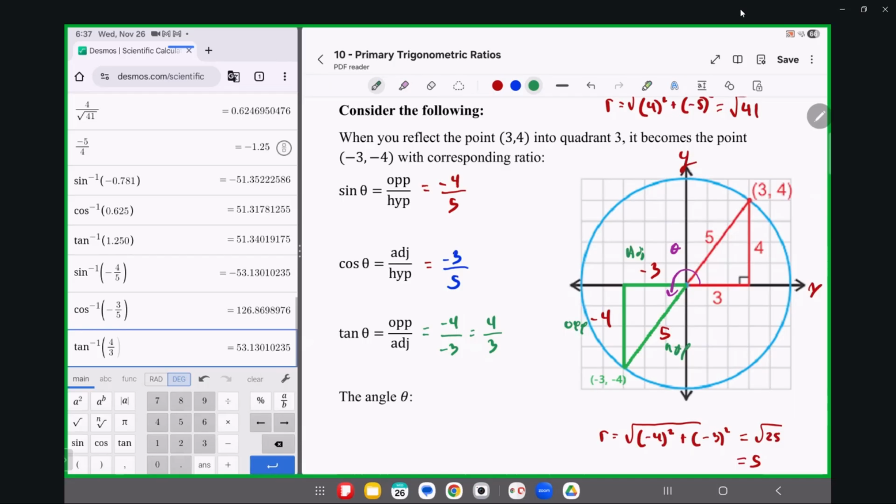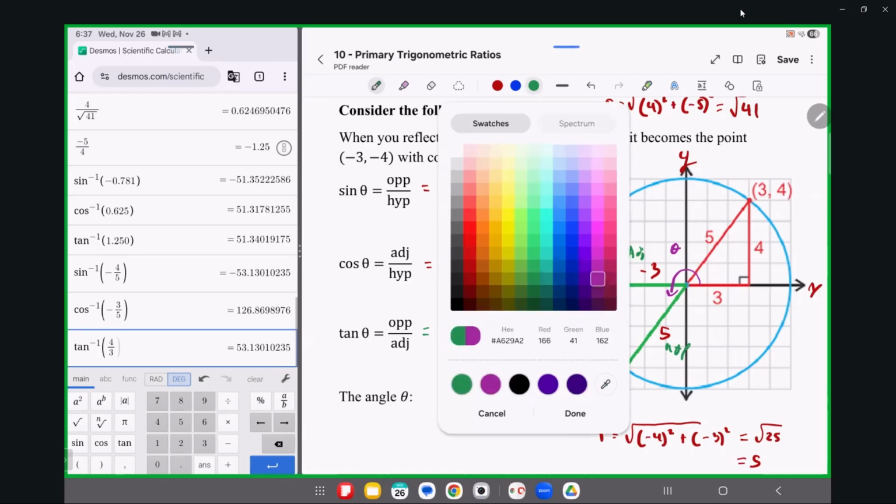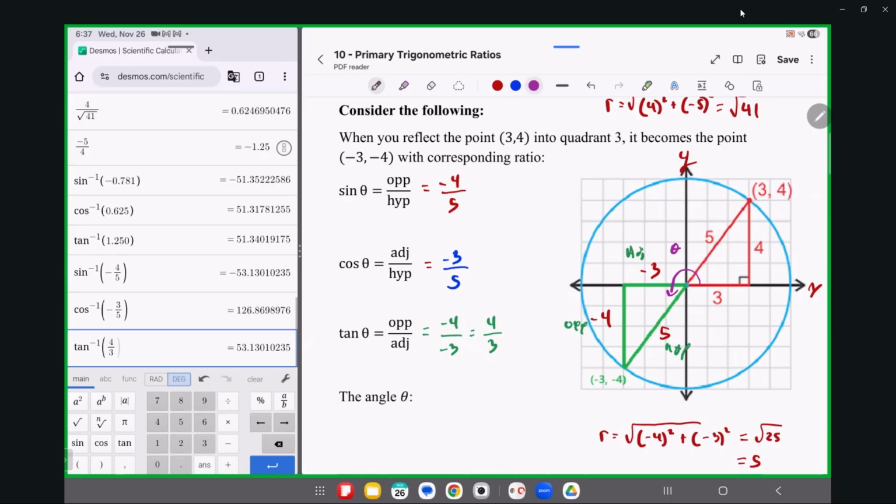I have 3 completely different answers again. But, and here's the important part, we know that theta should be between 180 and 270. But why did we reflect the point? What was the importance of that?